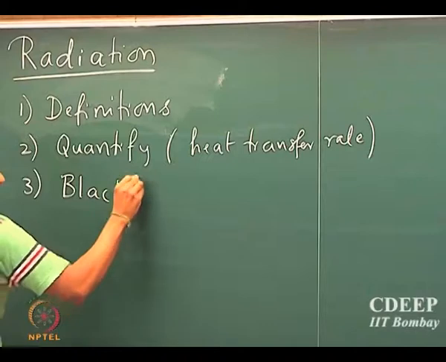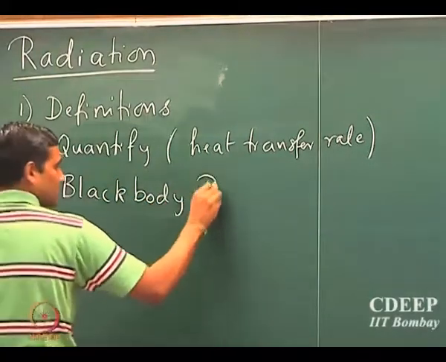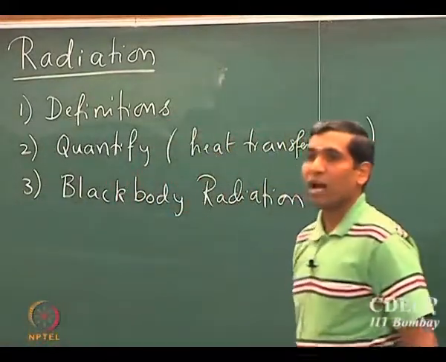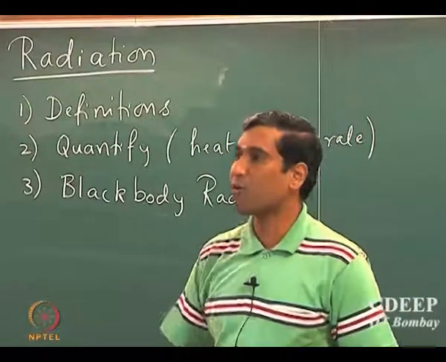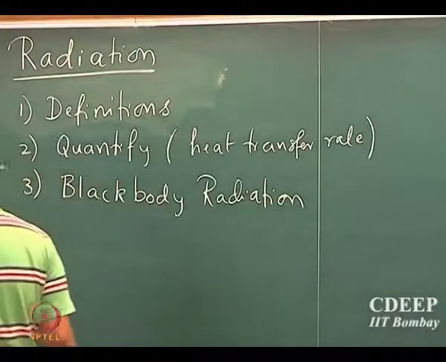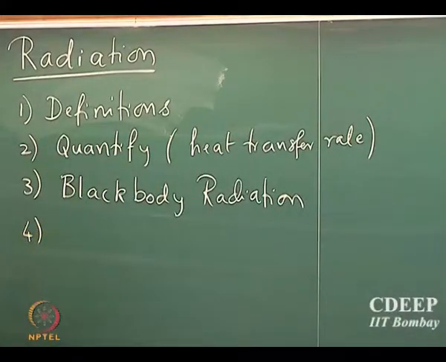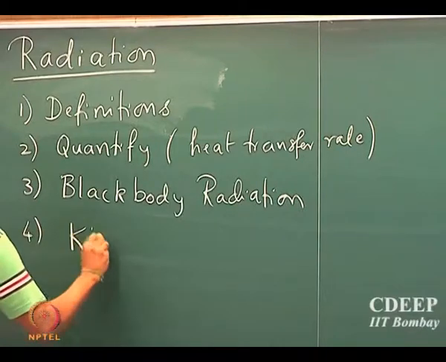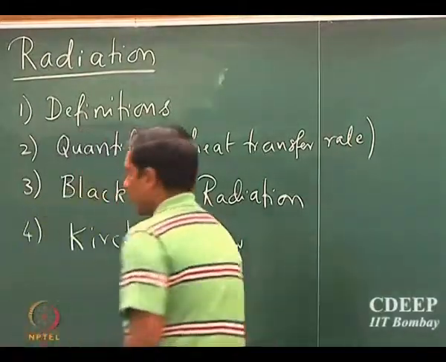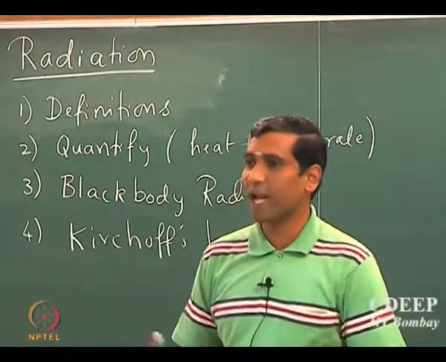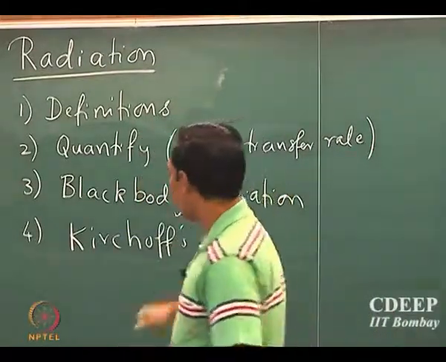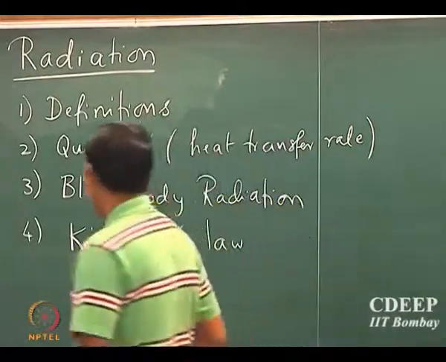black body radiation. We will look at what happens when there is a black body and how to quantify emission, absorption, etc. from a black body. And then we will look at a special law for radiation which captures the relationship between certain properties of radiation, and that is what is called Kirchhoff's law, and we will actually look at that.